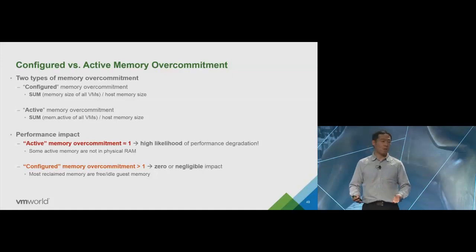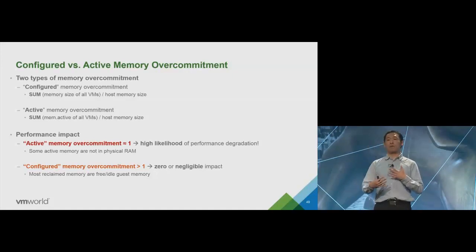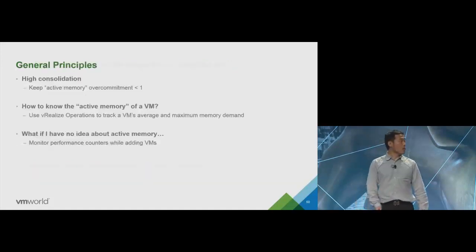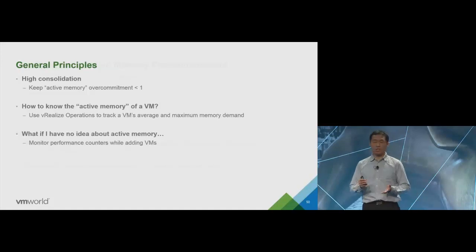It's negligible because most of the reclaimed memory comes from either free or idle guest memory. Given that, the general principle when you do memory overcommitment is to always target a high consolidation ratio, while keeping the active memory overcommitment less than 1.